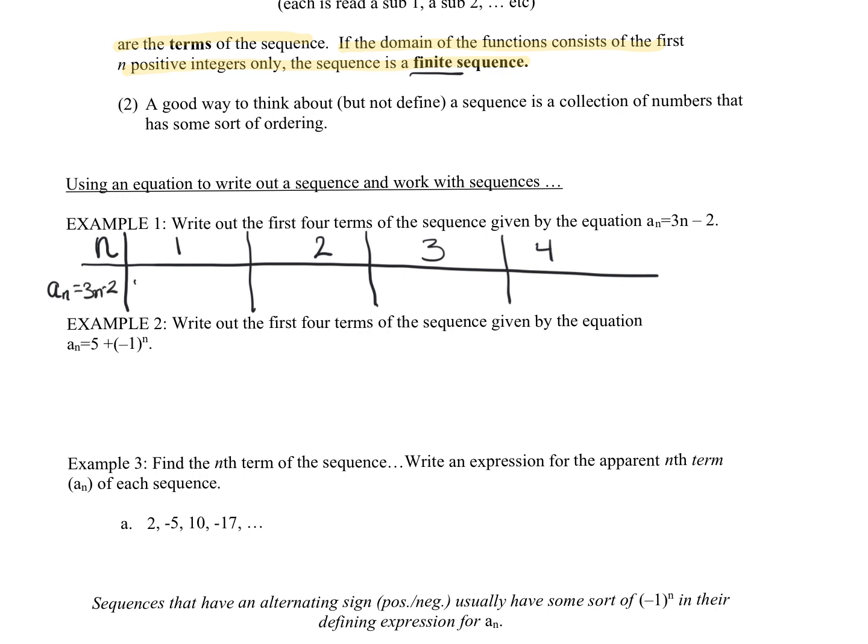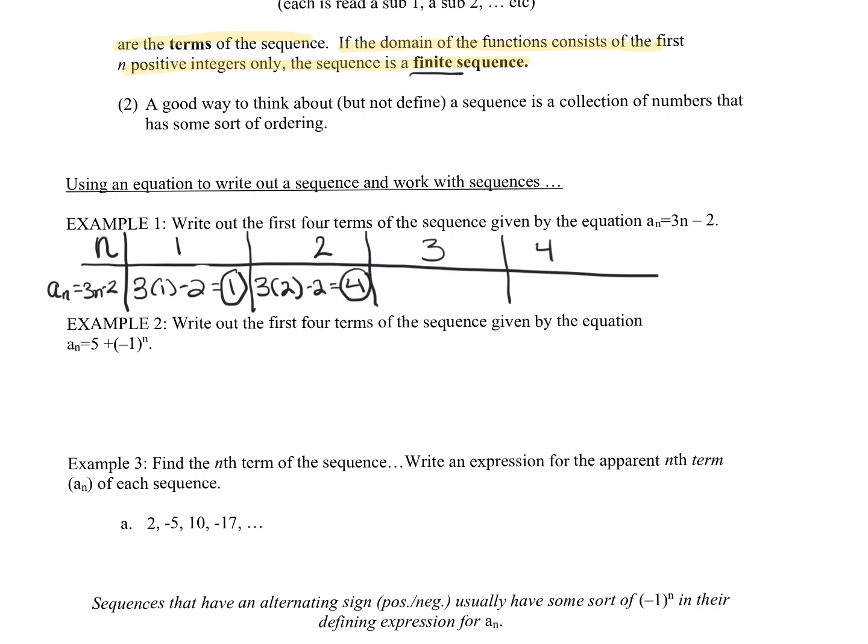So I plug a 1 in, and I get 3 times 1 minus 2. That's 3 minus 2, which is just 1. So my first term is 1. Then I do 3 times 2 minus 2. 6 minus 2 is 4.